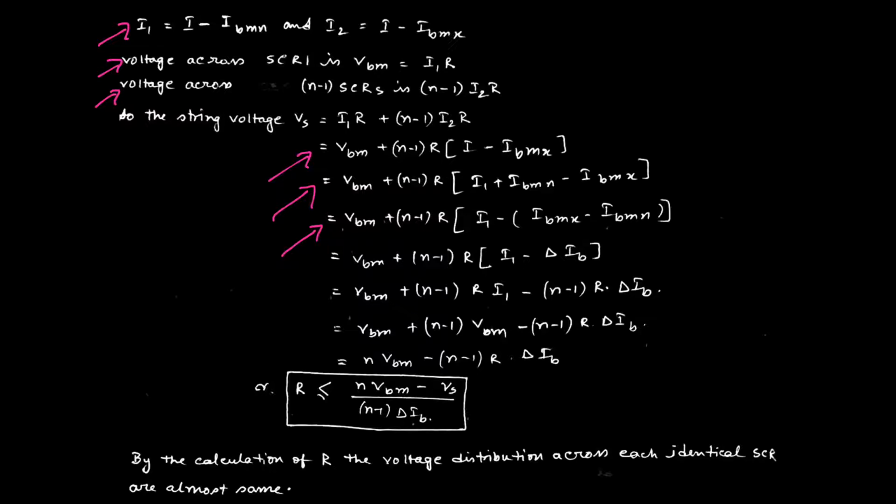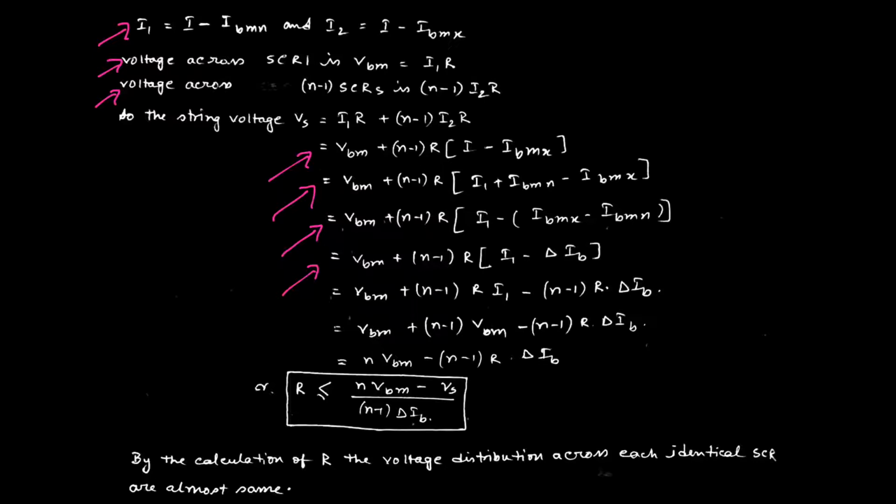So after replacing this part by del IB, a very small amount of current, that is why defined by del IB, the equation stands for VBM plus (n minus 1) R into I1 minus del IB.